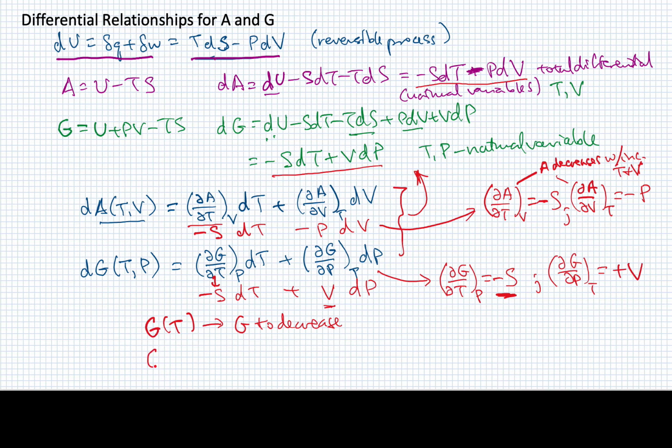We would also expect, as a function of pressure, G to increase because its derivative over here is a positive number. It turns out that these are really interesting pieces of information that are going to help us a lot when we start looking at phase transitions. So already we're going to get some payoff, if you will, from doing this differential analysis.